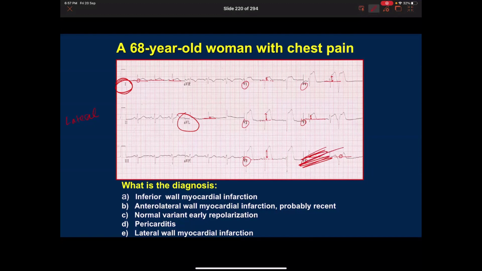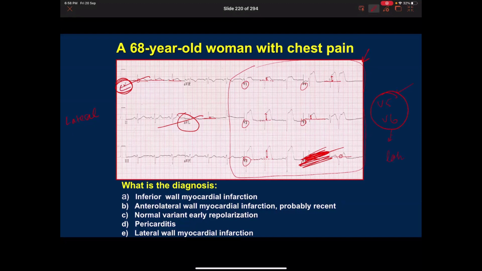So just looking at these leads, you cannot say lateral, because lateral means 2 consecutive leads. So it has to be V5 and V6. So by looking at V1 to V6 alone, and ignoring these for now, you cannot say it's lateral. Just stressing on the concept, it has to be 2 consecutive leads. So you can either look at 5 and 6. If they both have a STEMI, then you can say it's lateral. Or you can look at 1 and AVL. If they both have a STEMI, then you can say it's lateral.